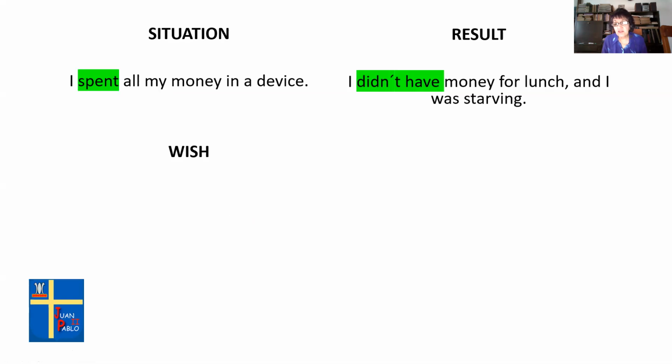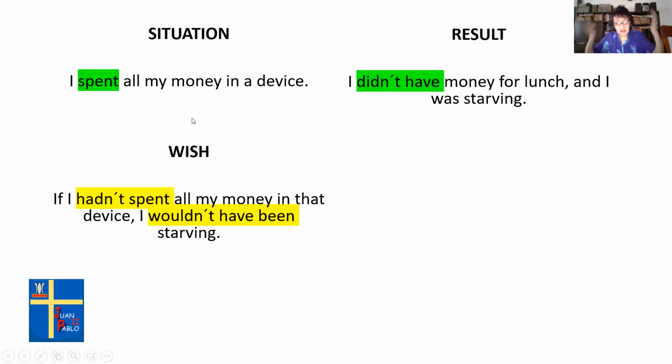I didn't have money for lunch and I was starving. Starving means very hungry. I was very hungry. What's my wish now? That I want to change the past. If I hadn't spent all my money on that device, I wouldn't have been starving.